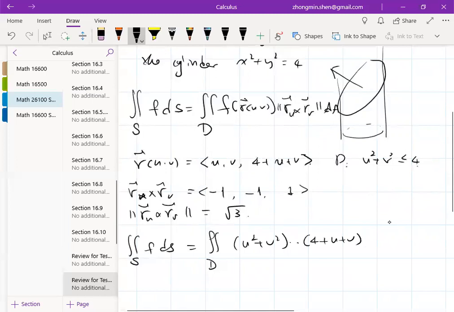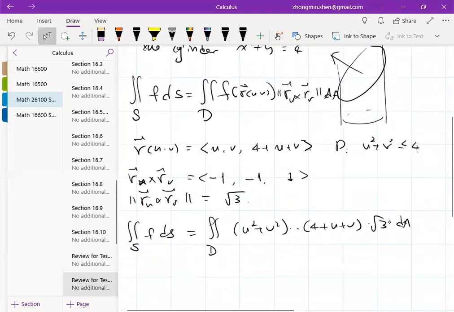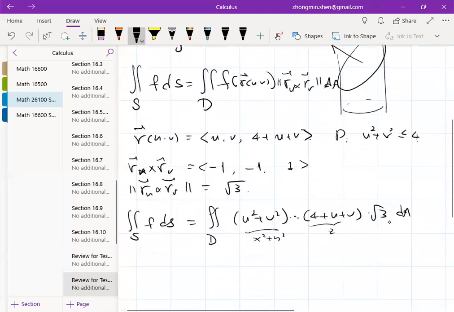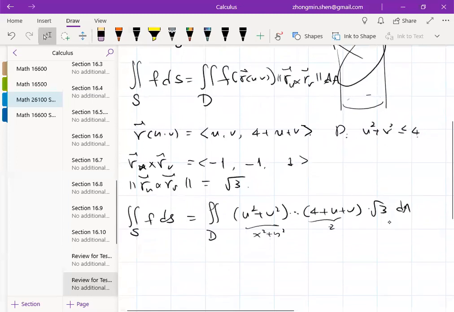Okay? And then square root 3 and dA. Yeah, here x is u, y is v, and z is 4 plus u plus v.